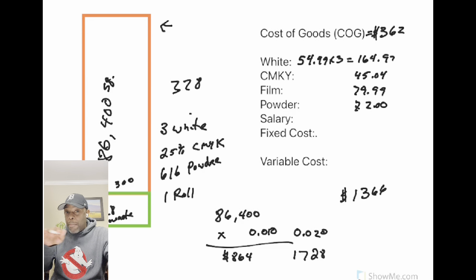So right now, with that amount that you're paying, you couldn't pay yourself 2 cents per square inch if you wanted to, because that'll put you in the negative, right? Because you would have been at 1,728. So you're going to have to be more along the maybe 1 cent per square inch, and that puts you at $864.